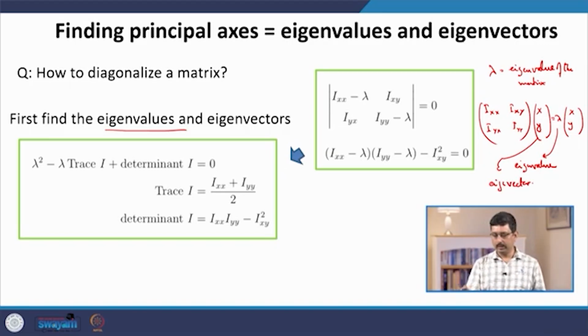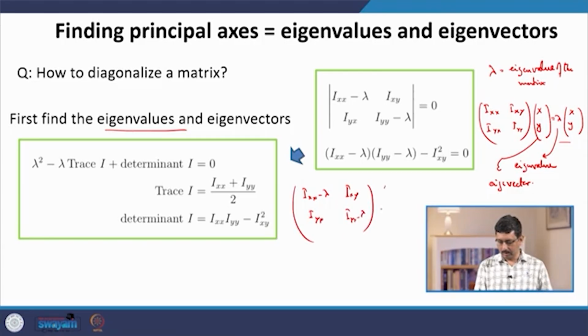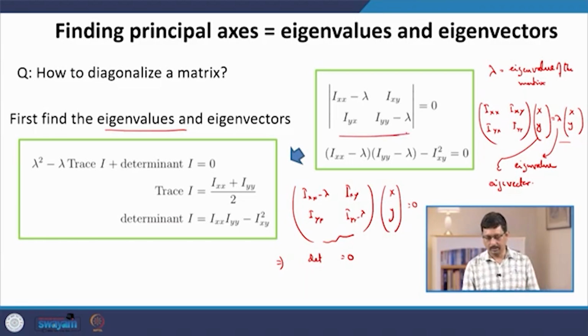In order to get the eigenvalue and eigenvector, we take this quantity to the left hand side, and we get the matrix with entries Ixx minus lambda, Ixy, Iyx, Iyy minus lambda, times (x, y), equal to 0. This will be true if the determinant of this particular matrix is 0, and hence this is the condition I have written here.